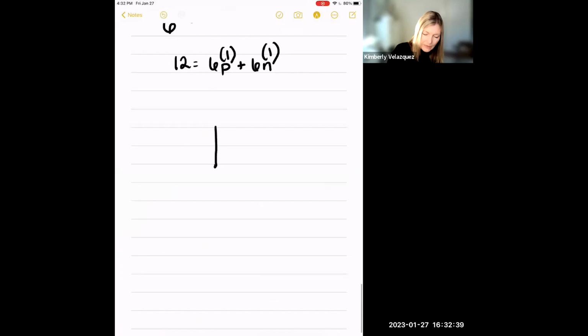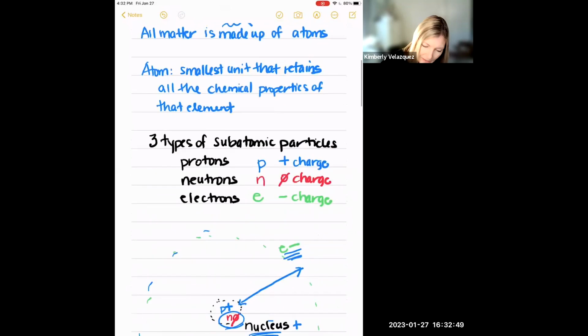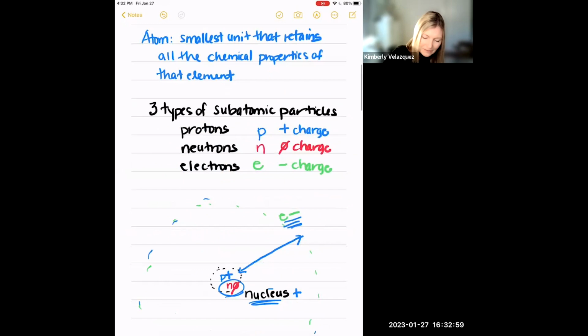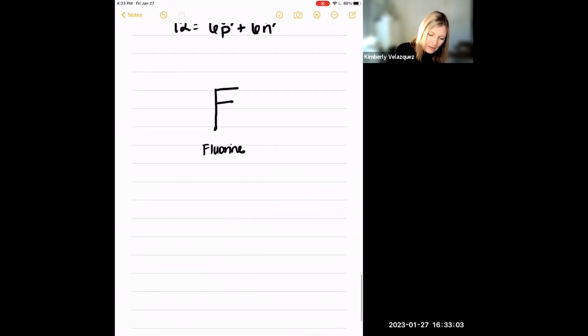Fluorine, represented by the letter F. If we go back up there again and look at it, it's atomic number 9. Sorry, it's really hard to see here. It's atomic number 9, and its atomic mass is 19. So 9 and 19.